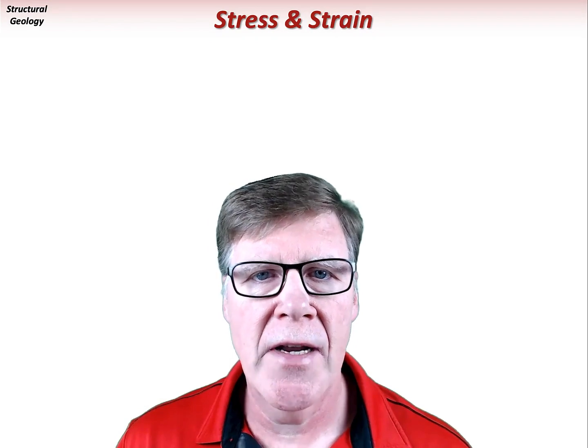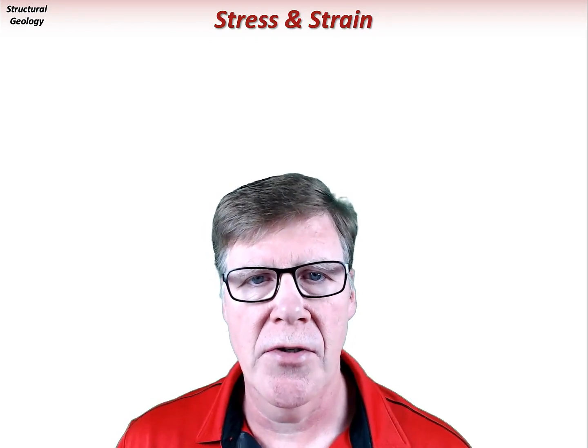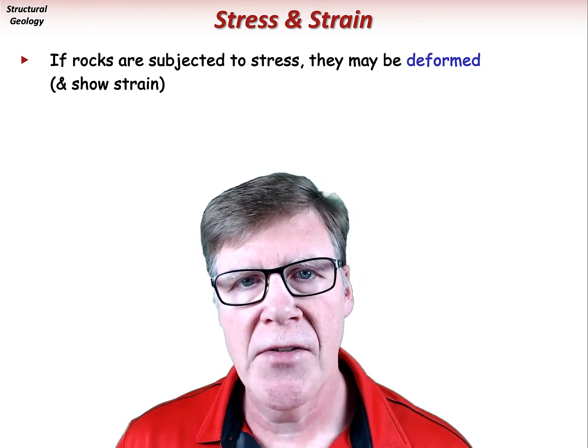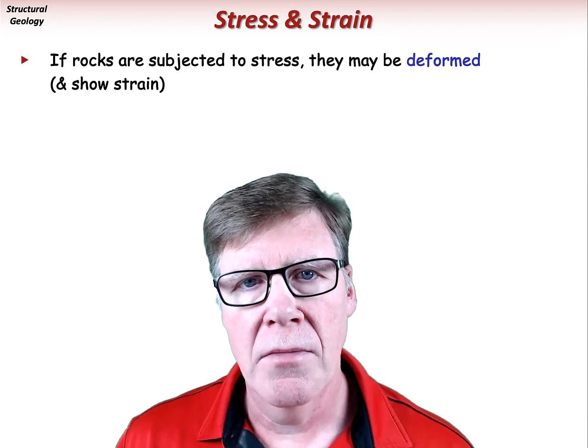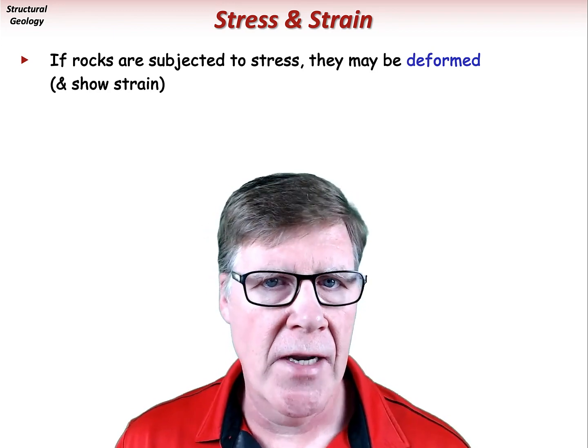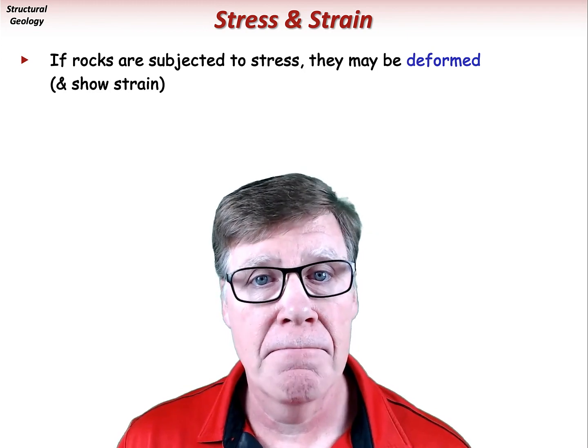Understanding stress and strain is central to describing and interpreting geologic structures. Simply put, if rocks are subjected to stress, they may be deformed and thus show strain. Stress and strain, cause and effect.